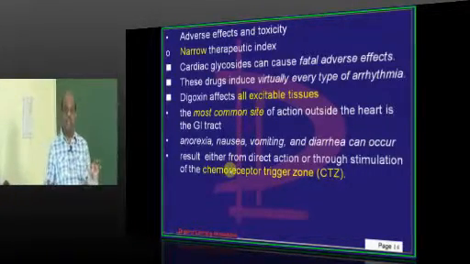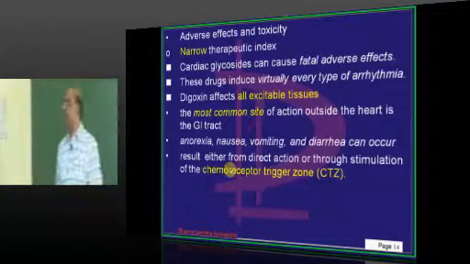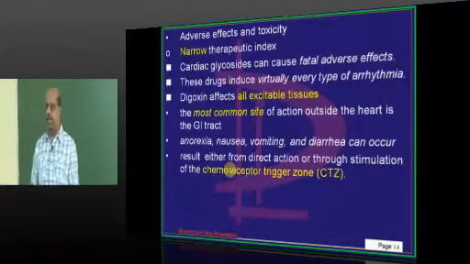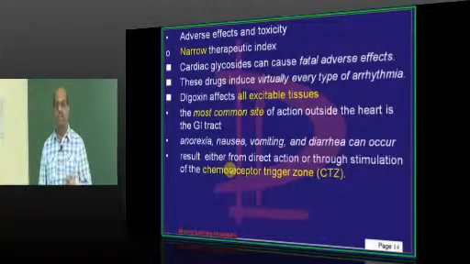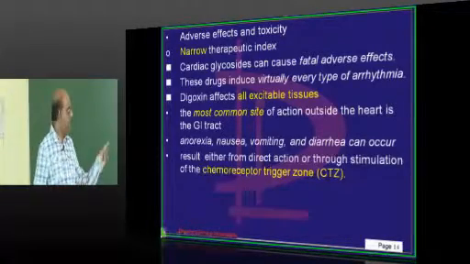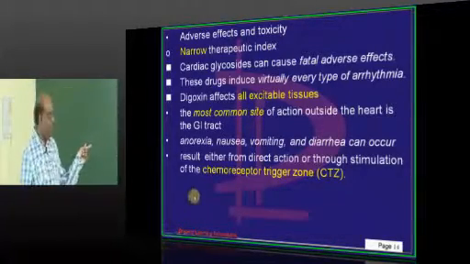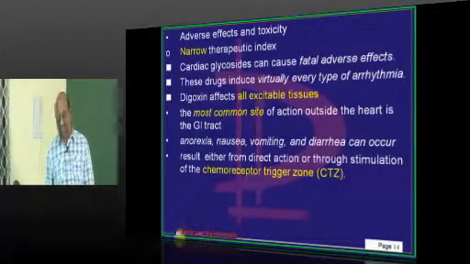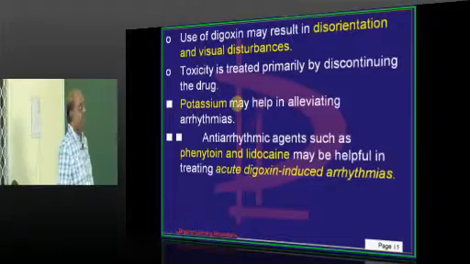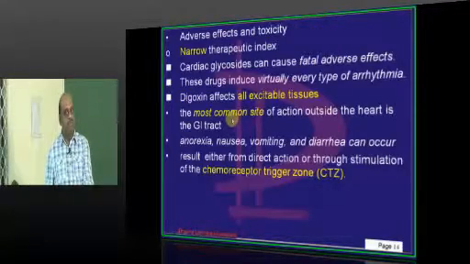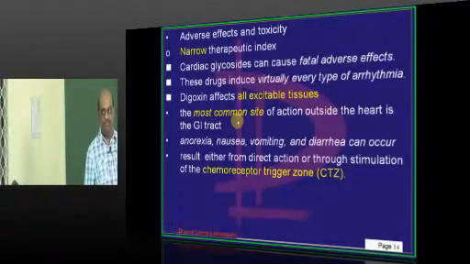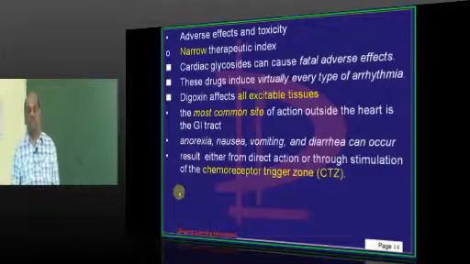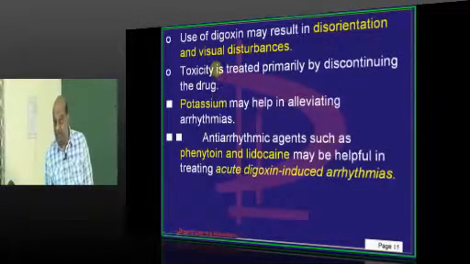Most common side effect of digoxin, you will be thinking, where is the heart, which heart effect? No sir, GIT: nausea, vomiting, anorexia, they are the important side effects which you need to remember, because it is vagomimetic. Diarrhea is the consequence of giving, not constipation.